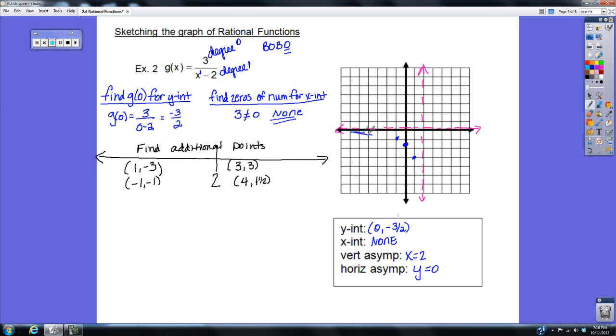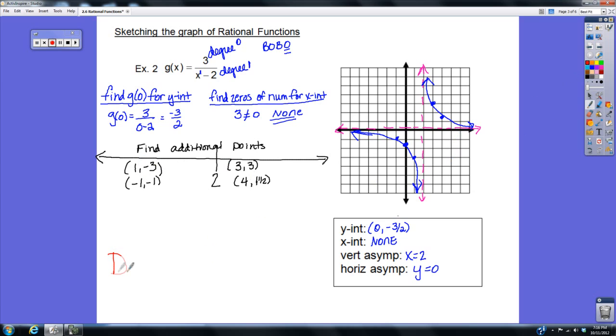So that gives you this part of the graph. And over here, (3, 3), (4, 1.5). So you can get that side of the graph. And just find a few extra points and write down the points that you're going to use, and you don't have to calculate them by hand.